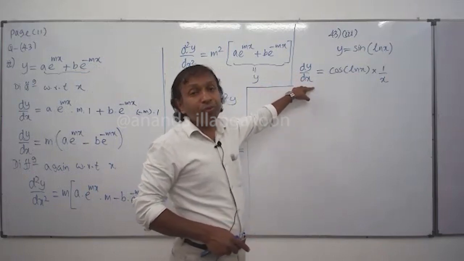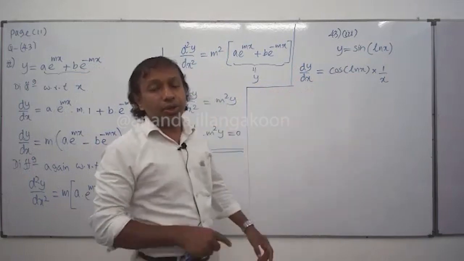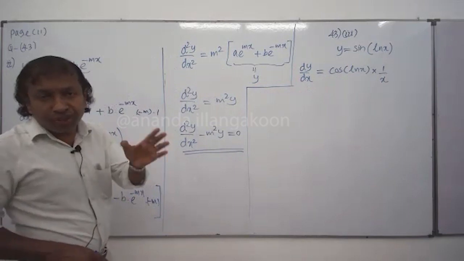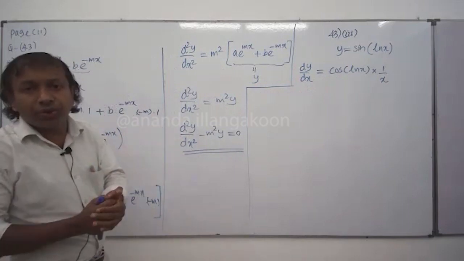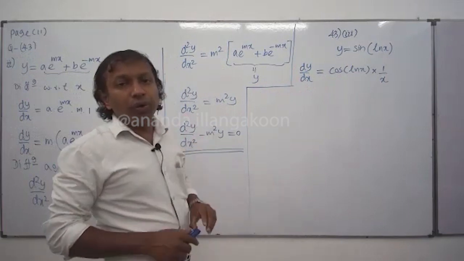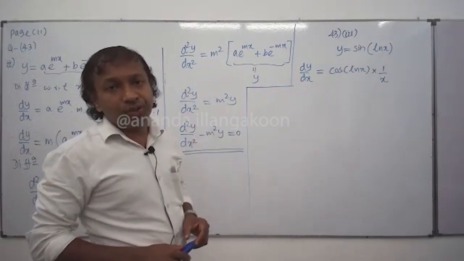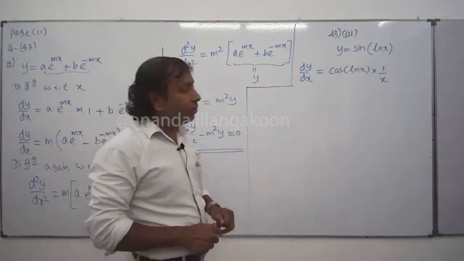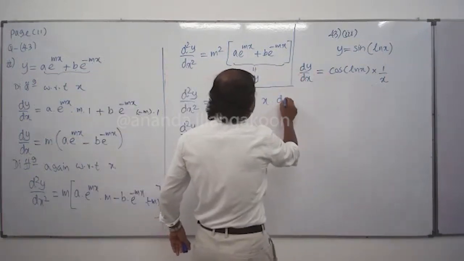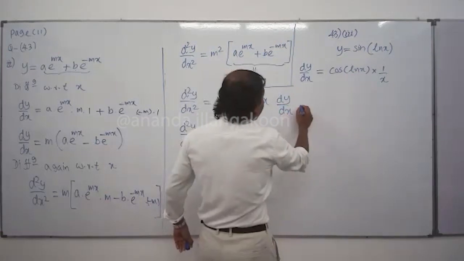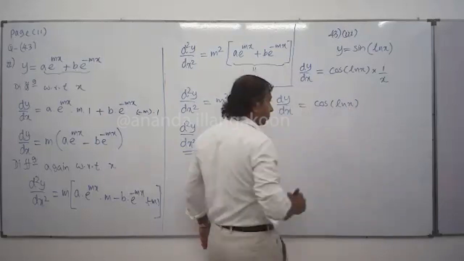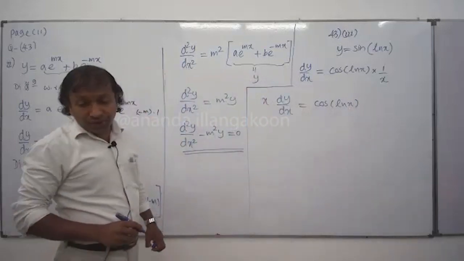A product form is much easier than the quotient form. So always, as a practice, when we need to differentiate a quotient, bring it by cross multiplication to product form and differentiate. That is much easier to obtain the differential equation. So bring this x here, then what do you get? x times dy by dx is equal to cos ln x. Right. Now we have to differentiate.